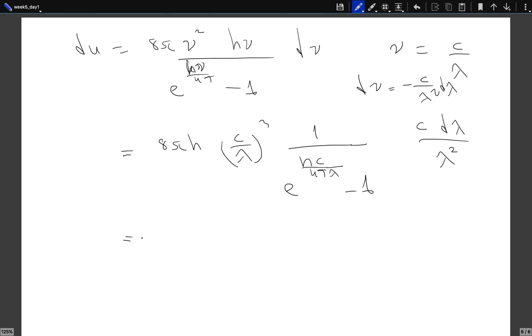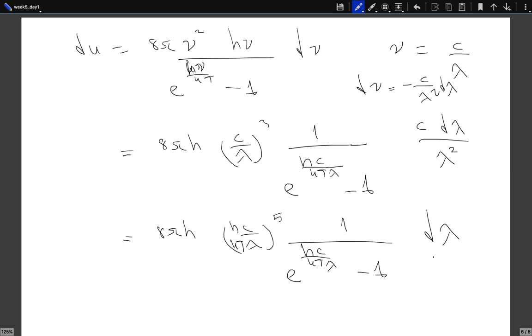Well, let me just rewrite this slightly, as in the case before. It's 8 pi h c over lambda to the 5th power. Let me also add the h and kt. Again, I just created this combination over here: 1 over e to the power hc over kt times lambda minus 1 d lambda.